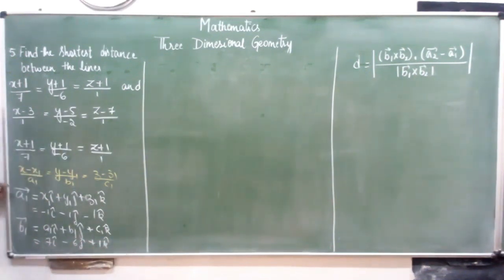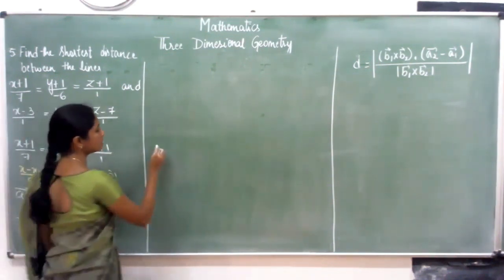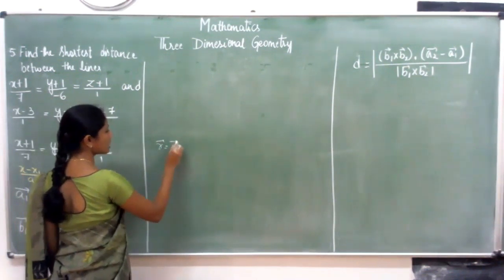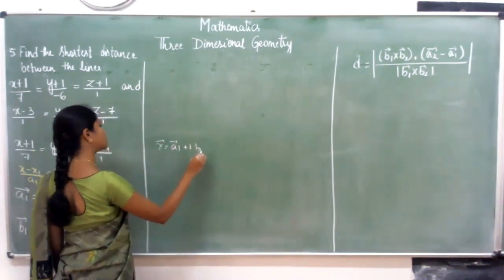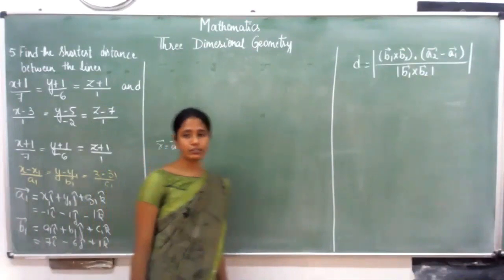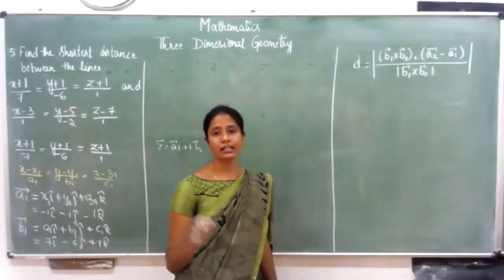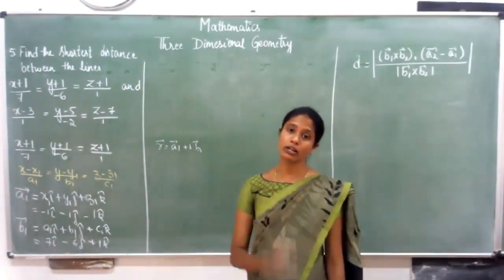vector a1 and what is vector b1 from equation number 1. Why from this we get? This is the Cartesian form for the vector equation, vector r is equal to vector a plus lambda times vector b. We derived this equation of a line passing through a point and parallel to a given vector.